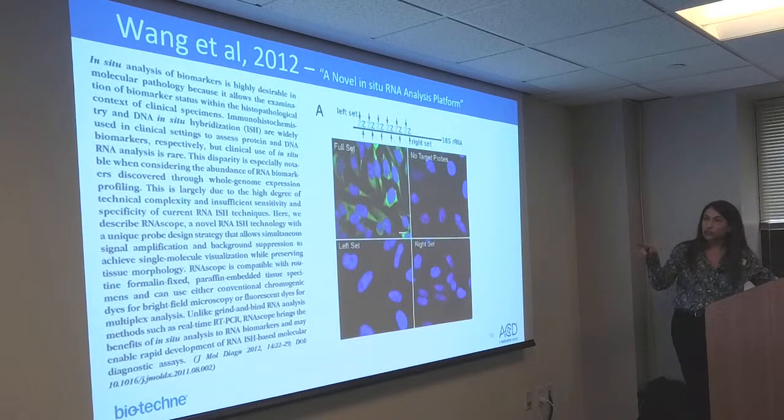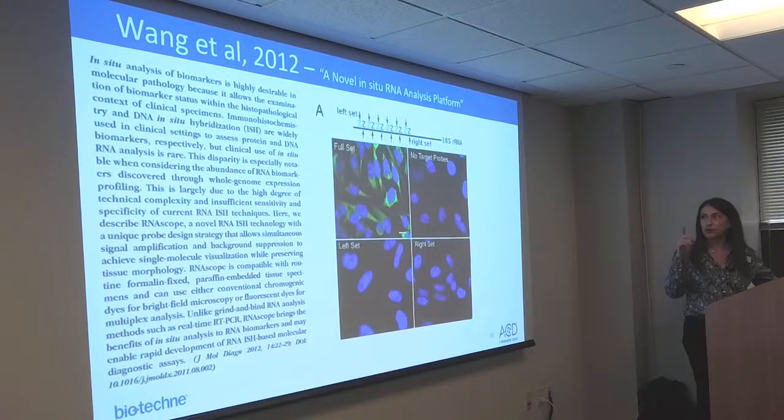And what this figure is showing is that when we did the initial testing of this method, we were quite confident that unless I get two Z's of a pair to hybridize together to your transcript, without those two Z's together, I don't have the basis for forming the rest of the association of chromogen or fluorophore to signal. So at the top left, you're looking at a full set.